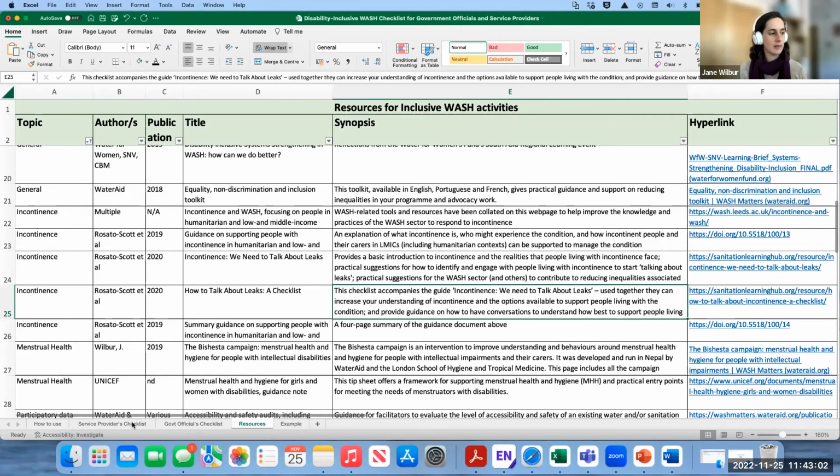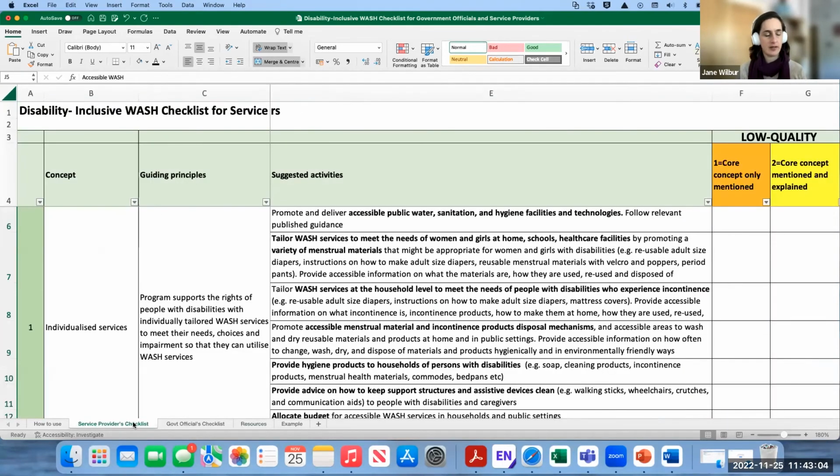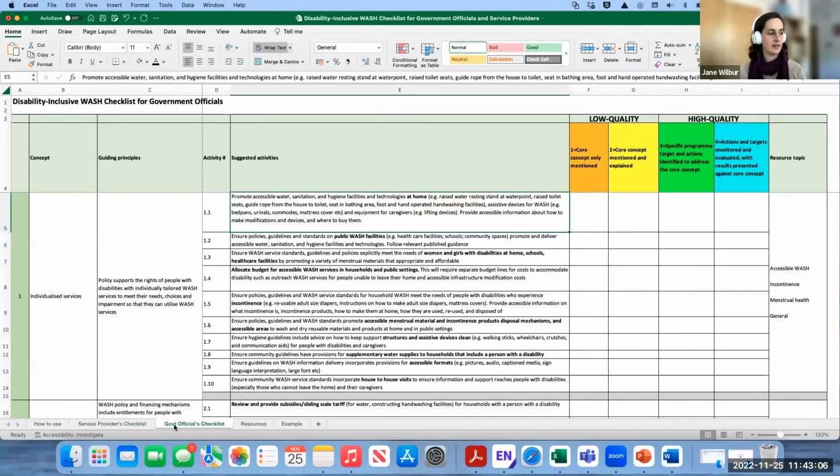So going back to these worksheets, the next worksheet is the government officials checklist. Now, this is set out in exactly the same way as the service providers checklist, but the suggested activities are only related to policies and policy guidance documents.